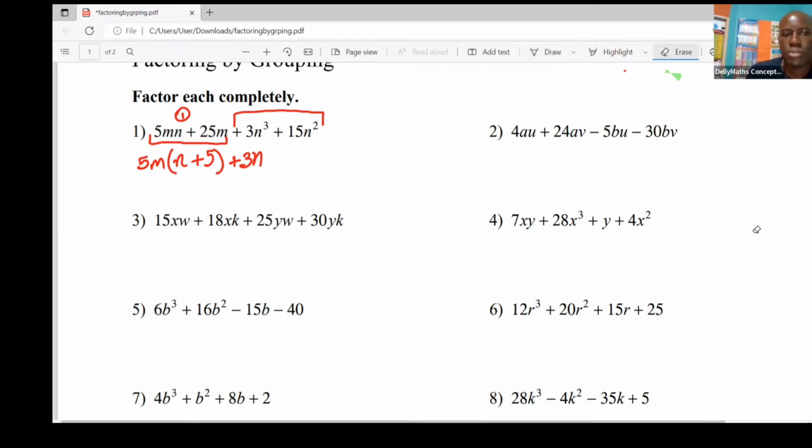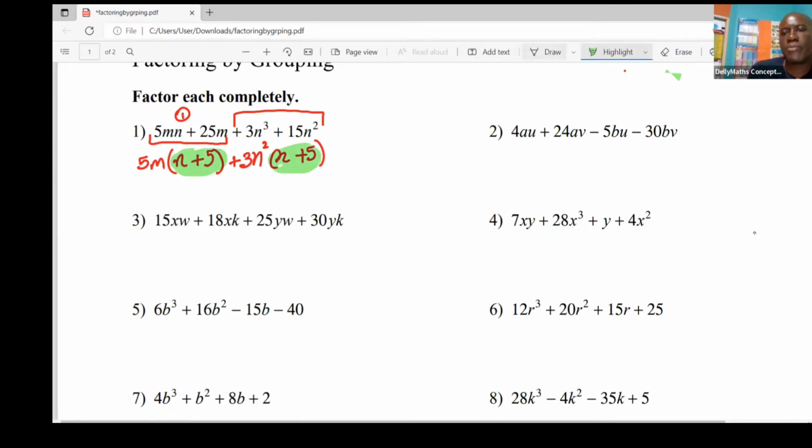All right, so here goes. Open a bracket. So 3n squared into 3n to the third would give us n, and 3n squared into 15n squared would give us 5. At this moment, you could see that both brackets are identical.